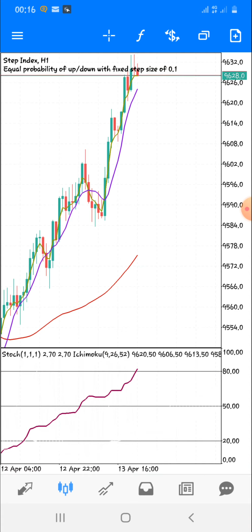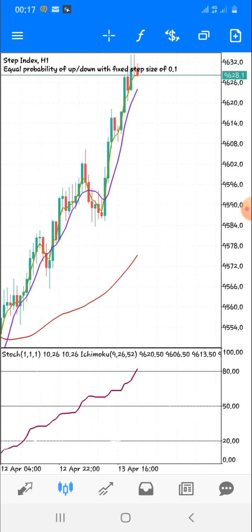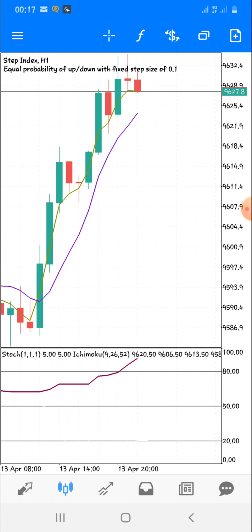So somebody who is willing to trade the step index needs to be very observant, because it also respects the key levels, like the support and resistance levels. So as you can see here on the 1 hour time frame, as per our strategy, there is a doji candle.